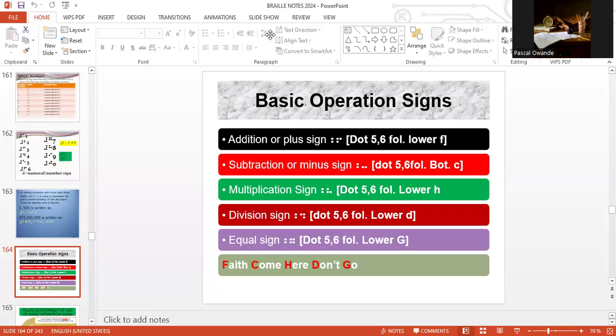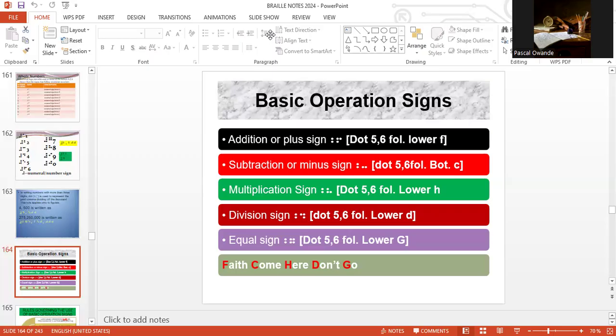We will talk about the letter sign deeply later, when we'll be talking about algebraic expressions, where we'll be having symbols and letters. But of most importance is that each and every basic operation sign must be preceded by dots 5 and 6. And so in this case, the addition sign is dots 56 followed by lower f. So dots 56 lower f is the addition sign.